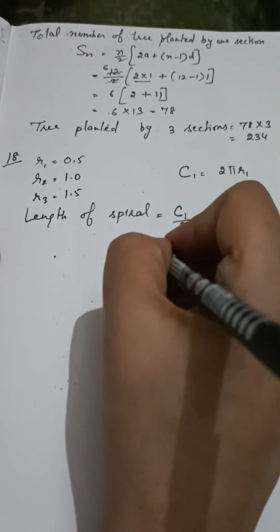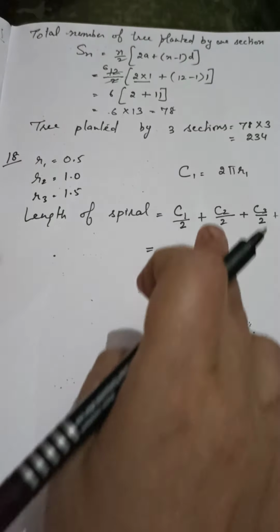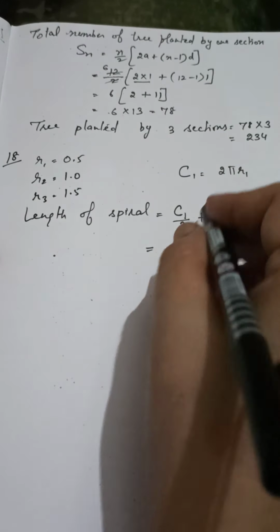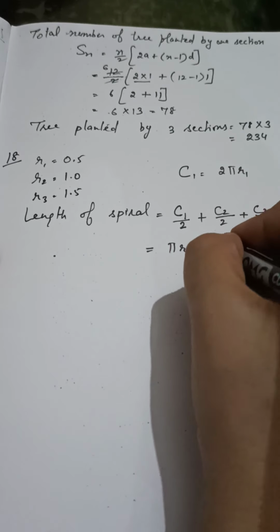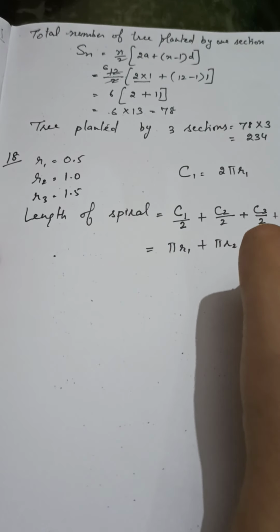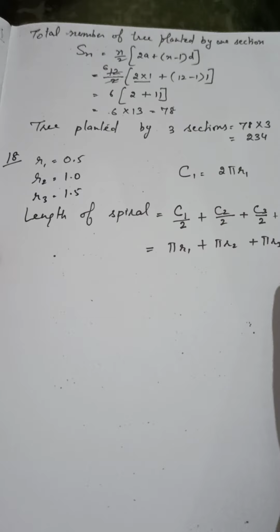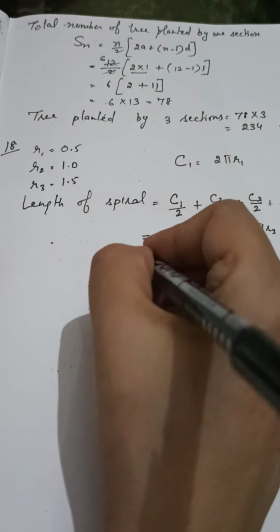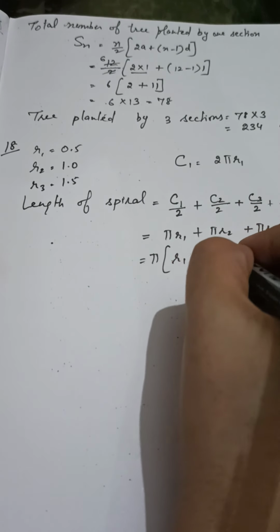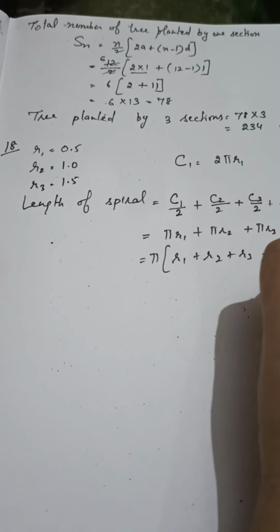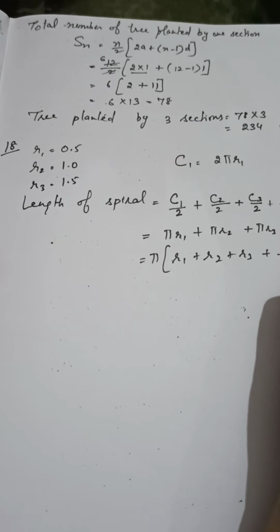Now what is the formula of circumference? 2 pi r1. So this value becomes pi r1 plus pi r2 plus pi r3 up to pi r13. Pi can be common. So r1 plus r2 plus r3 up to r13.